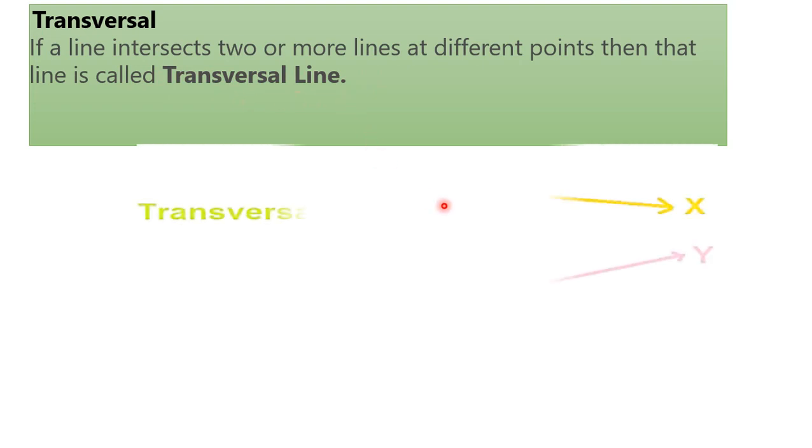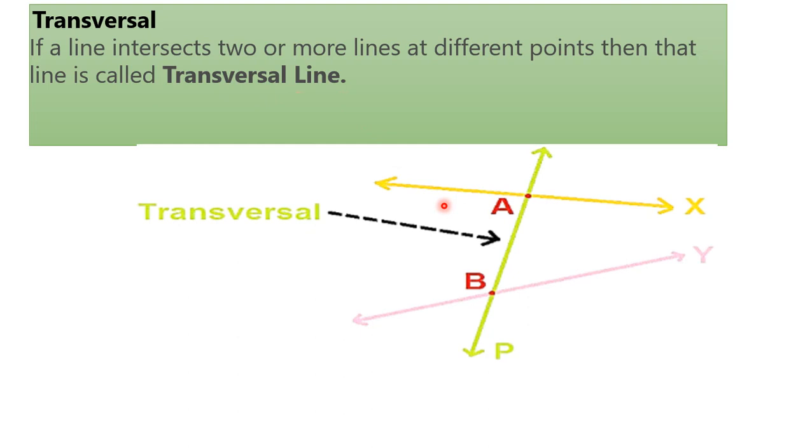That means if there are two or more lines and only one line intersects all of them, then this line is called the transversal. In this figure, this line P is a transversal which intersects the two lines x and y at points A and B.